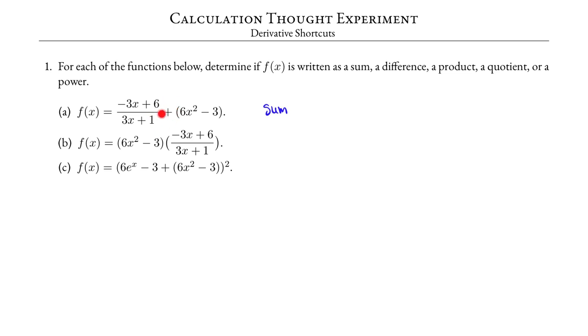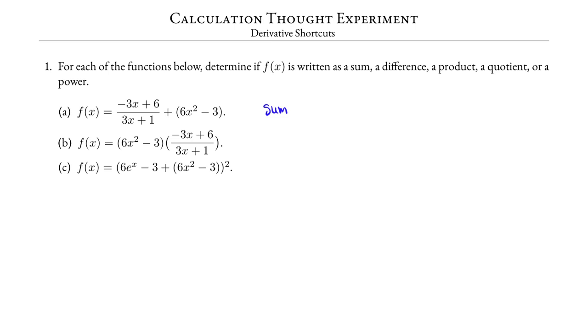What this means is that if we were to differentiate f, we would need to find the derivative of the first term, where we would use the quotient rule, and for the second term, we would use the difference rule. But again, as the big picture, this is the sum of two terms.